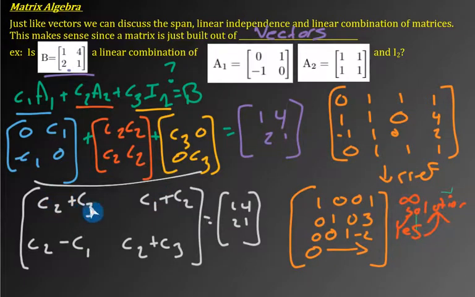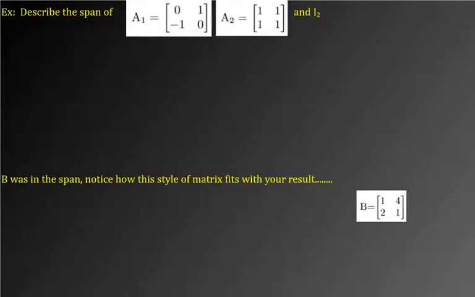So C2 plus C3 needed to be 1. So 0 C1 plus C2 plus C3 needs to be 1. Then 1 C1 plus C2 plus 0 C3 needed to be 4, and that's that row. It's just a reorientation of what this says. I've just made a system of equations from it.